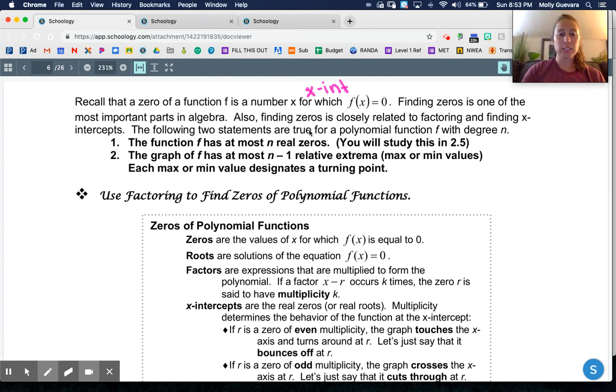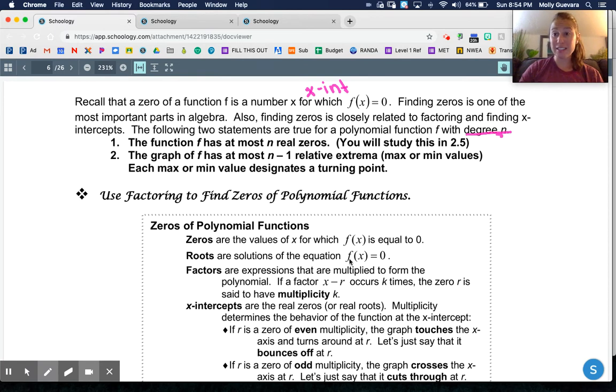So the first thing is that a function f has at most n real zeros, where n is the degree. So if I have a function that is a 4th degree, it cannot have any more than 4 x-intercepts. So if just, for example, the graph of x to the 4th, it cannot have any more than 4 x-intercepts.